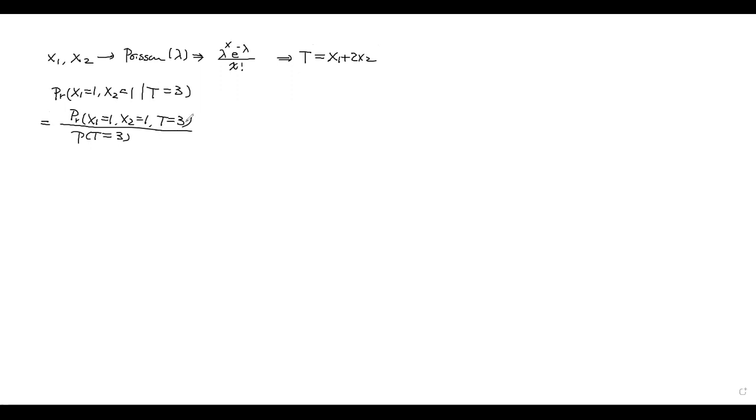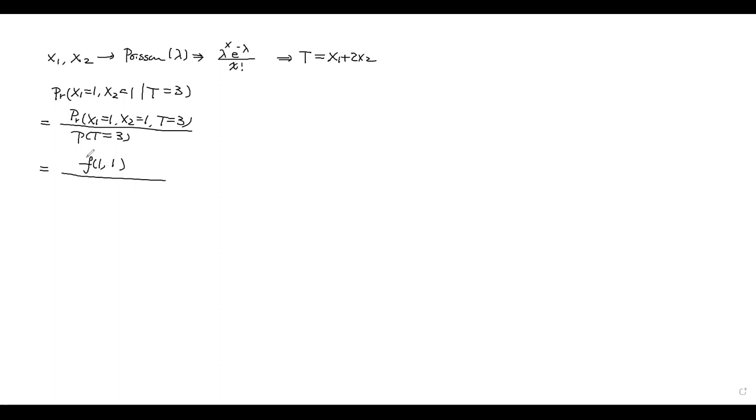Since T is equal to X1 plus 2X2, the numerator is basically the joint PDF of X1, X2 at (1, 1). That is the only situation satisfying X1 equal to 1, X2 equal to 1, T equal to 3.